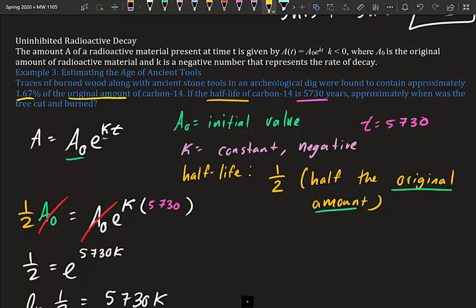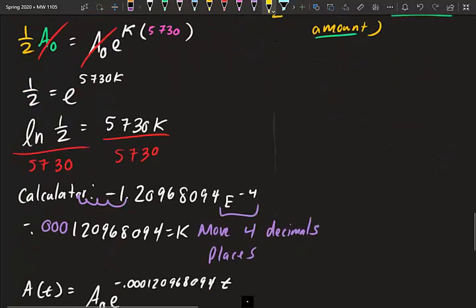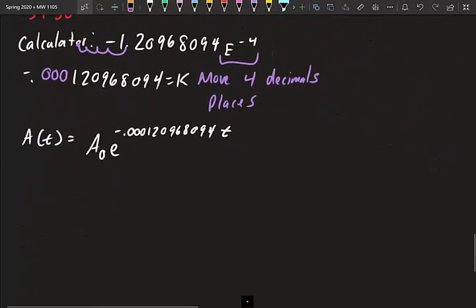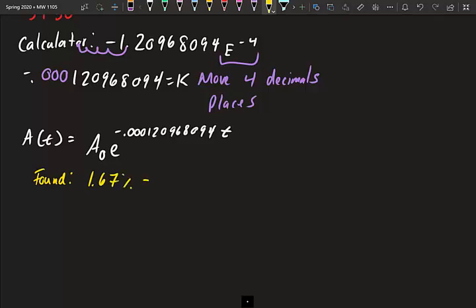So whatever the initial amount was, when we found it, we had 1.67%, that is 0.0167.